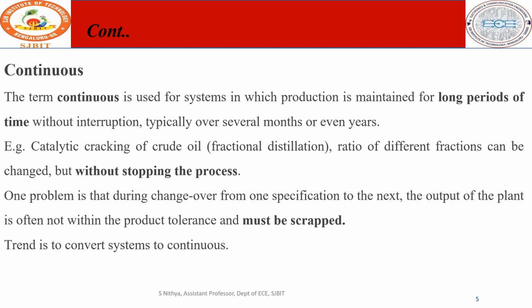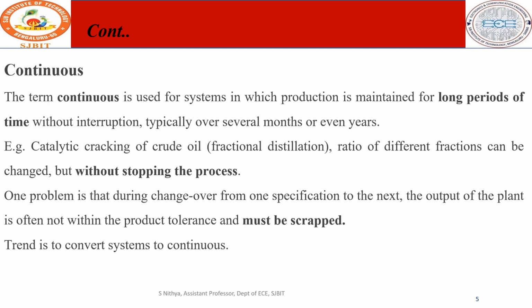Hence, to resolve this kind of problem, the change should be made as quickly and smoothly as possible. This is the solution for that particular problem. The continuous process runs in a continuous manner; production will not be stopped. It may run for several months or several years.